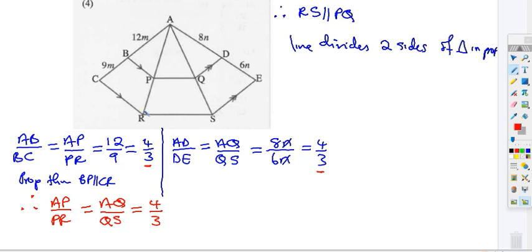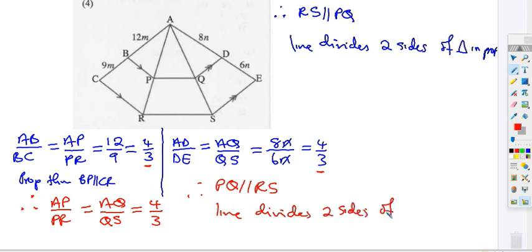Now that we can see that this line is dividing this side and that side in proportion, the conclusion therefore is that line PQ is parallel to the third side RS. And our reason, line divides two sides of triangle in proportion. That has been confirmed there.